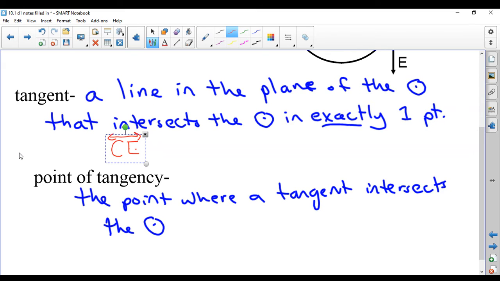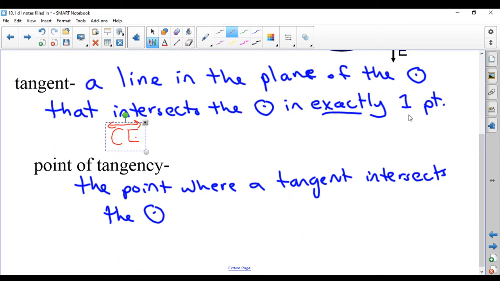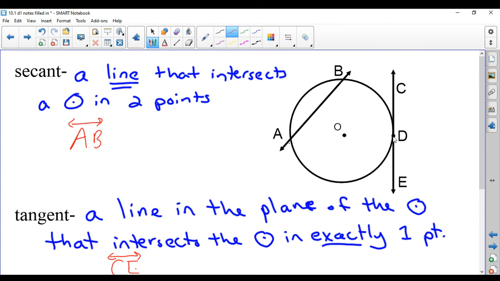The point of tangency is the point where the tangent intersects the circle. In this diagram, line CE is tangent to circle O at point D. We can also talk about tangent segments or tangent rays. That would be a part of this line that included the point D.